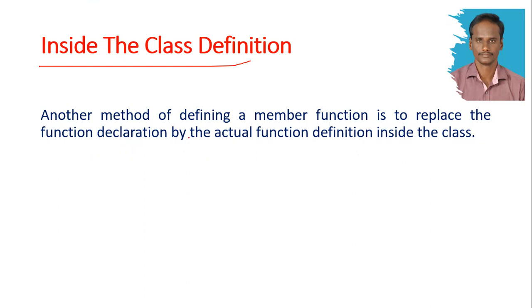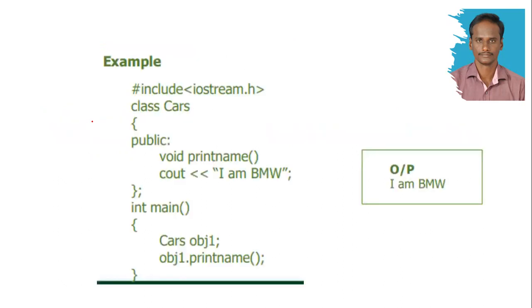So inside the class definition, normally we are using this. You just see the example and you can get an idea. The class name is cars. Here you have a function called print name. Here the parenthesis is missed. You should use open brace and close brace. So here itself we are defining a function. In the open and close brace we should define the body with cout I am BMW. Without braces, if you execute this program, you won't get any output, right?